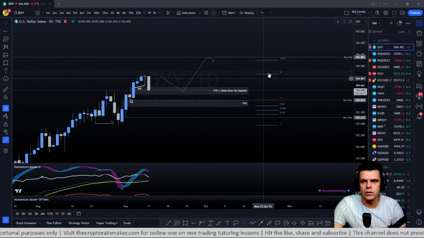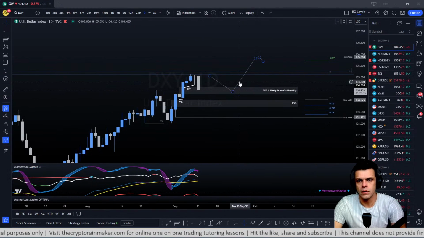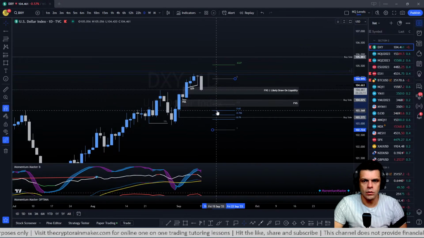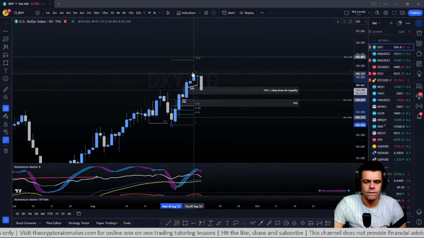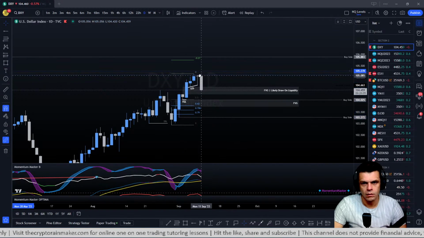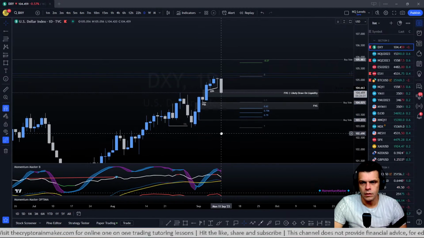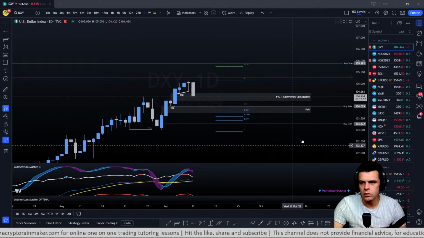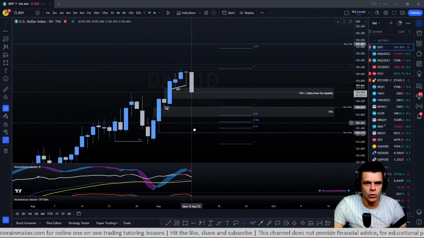I still think it's likely that the dollar index could, let's remove this. Okay, so this is our Fibonacci from this low to the high. The equilibrium for the discount will take us to 104.025 more or less.